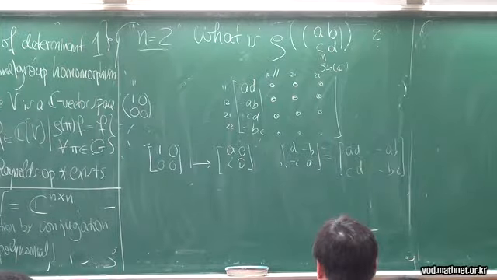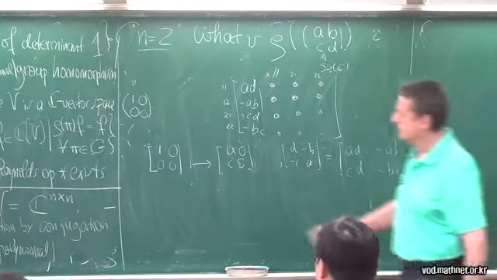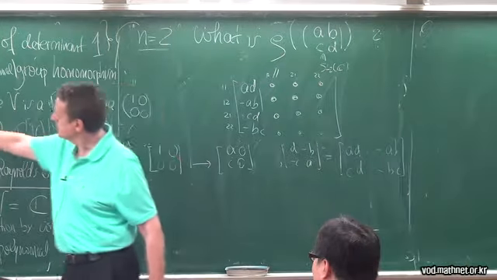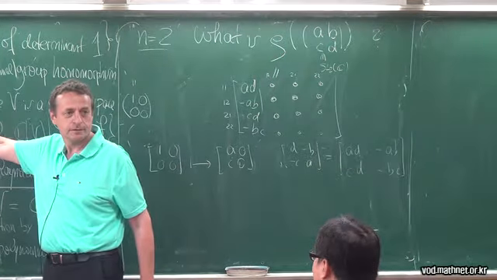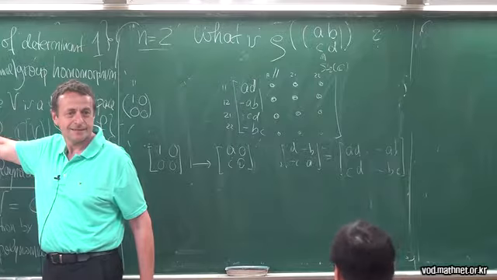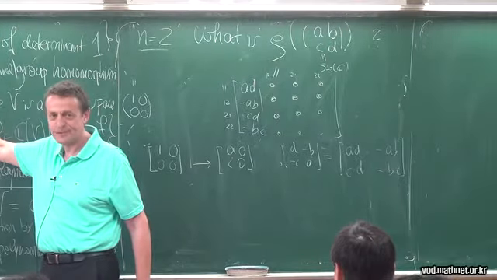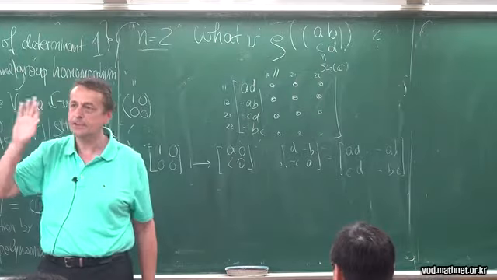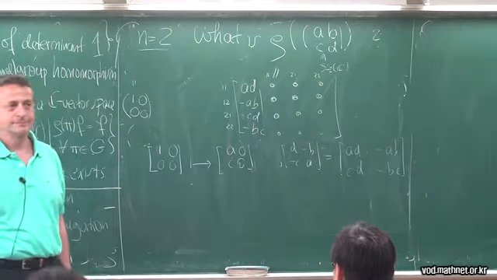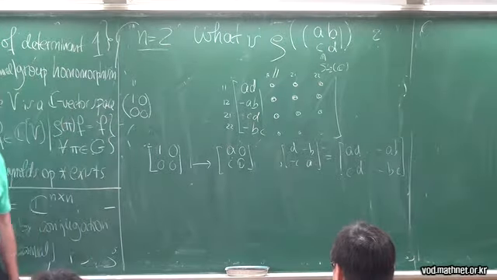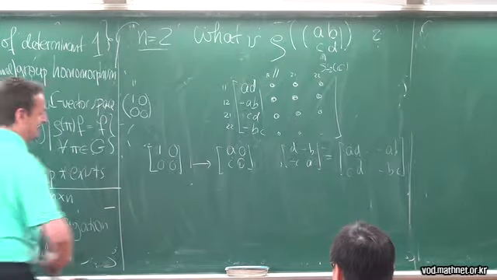Zero? Can't be zero, right? Because these have non-zero determinant. One? It's a homomorphism. It's a trick question. The determinant will be 1, because it's a polynomial representation of SLN.